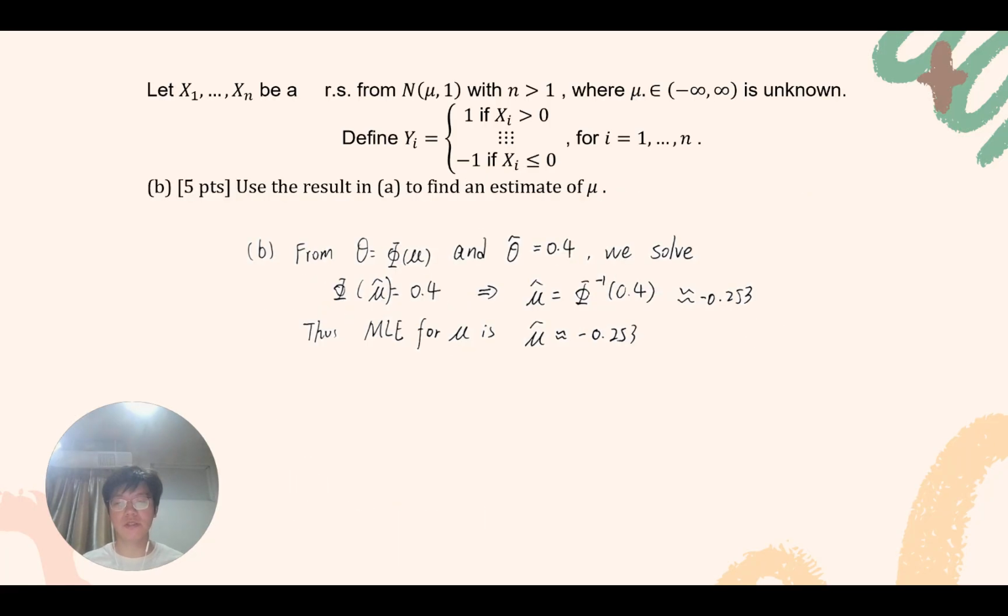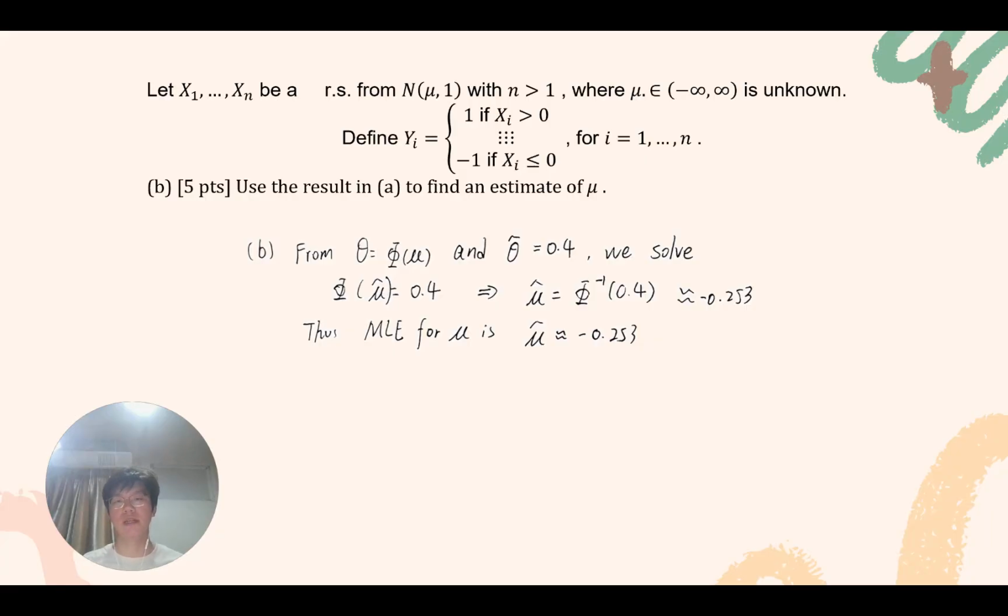And the next question, we should use the result in A and find the estimate of mu. From before we know theta equals phi of mu, and theta hat is 0.4.